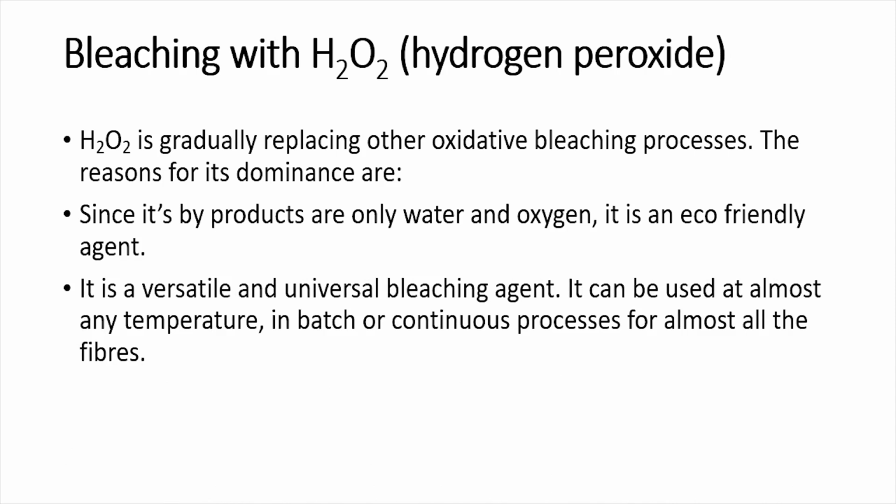It suits both batch and continuous processes, it is stable over a wide variation in temperatures, and it is suitable for all kinds of machines. Because all the fibers can be bleached with hydrogen peroxide, it is called a universal bleaching agent. Because of these properties, hydrogen peroxide is widely used as a bleaching agent for most textile materials.